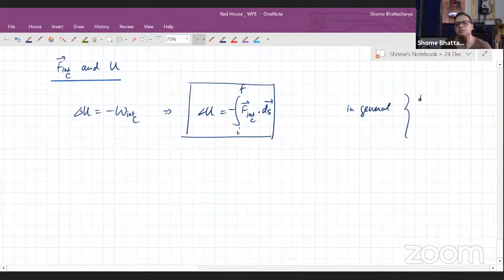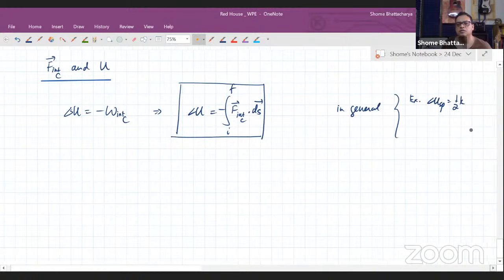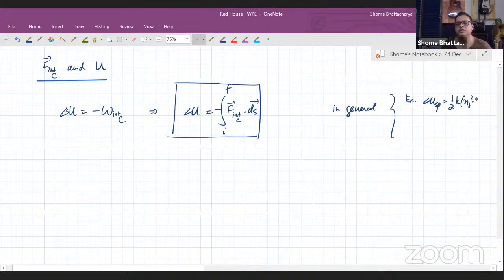Okay. And using this formula only, we saw the specific example that the change in potential energy of the spring was half k into x final square minus x initial square, and the change in gravitational potential energy was mg delta y. Okay. So these were specific cases of it. Now let's discuss a little bit more about this.